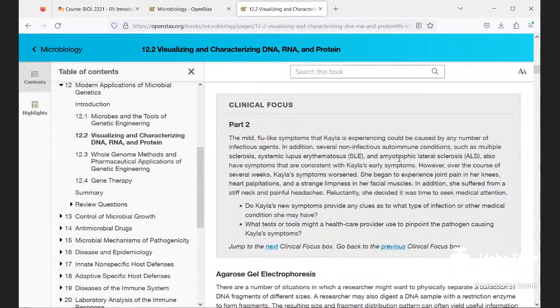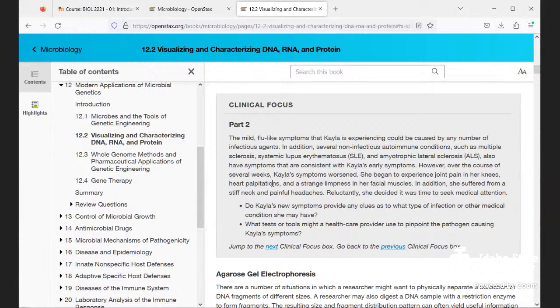MS or lupus, ALS, all of you are like, holy cow, I hope it's none of that, right? All bad news, right? And mirroring a lot of the symptoms that she's describing. So definitely on the radar, all right? And we will look at some of this stuff a little bit later when we get into some of the immunology stuff, all right?